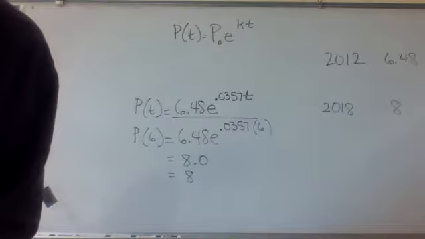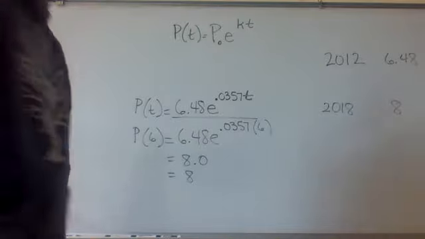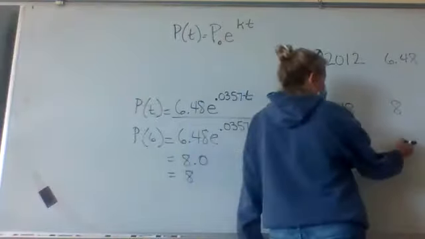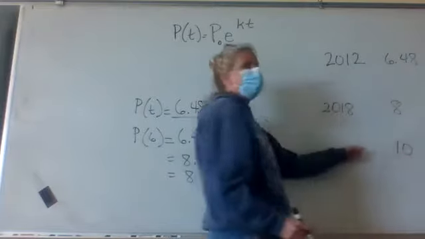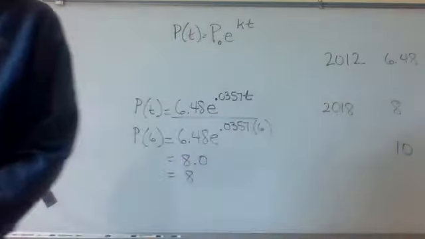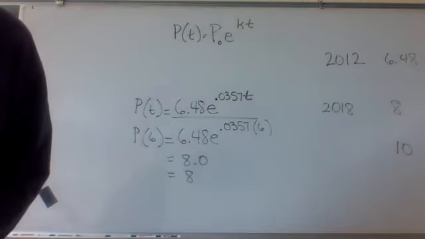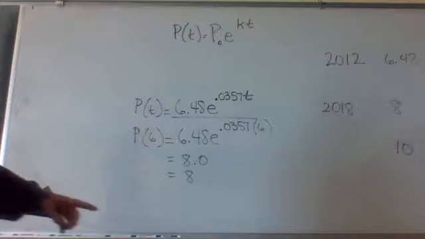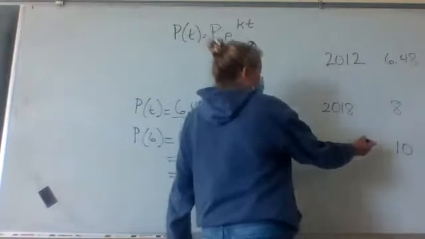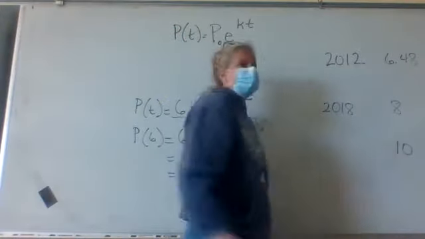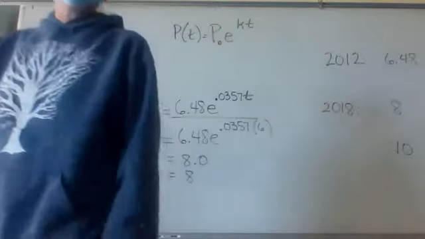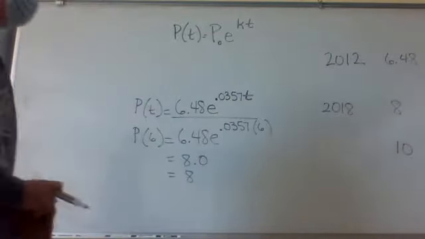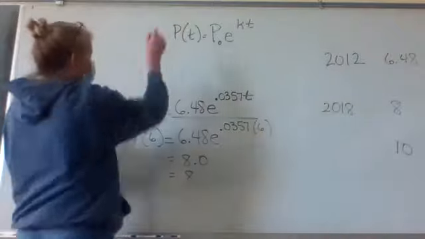Now it wants to know when the population of the city will be 10 million. So 10 million in how many years? Now I don't know the number of years. I don't know T. So let's replace what we do know in our formula.